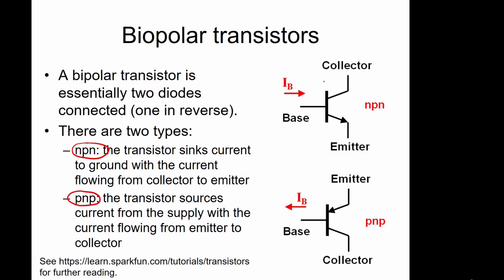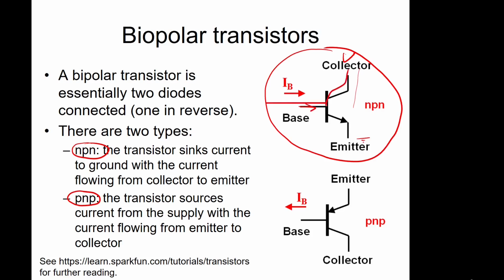And what you have is this arrangement. So this is an NPN arrangement. And in an NPN arrangement, you put a voltage across. So this is your voltage up here, and you ground on this side. You put current into the base on your NPN. And a small amount of current going in here results in a large amount of current flowing through here.